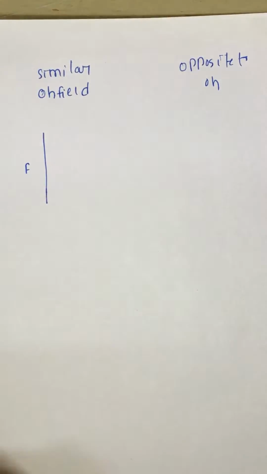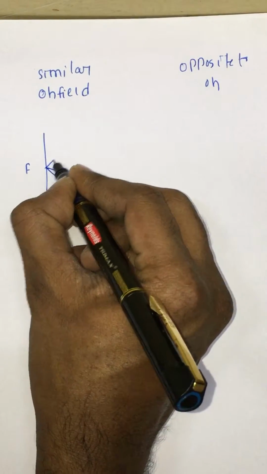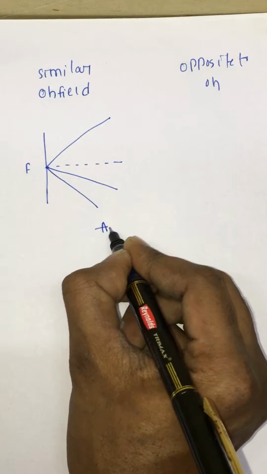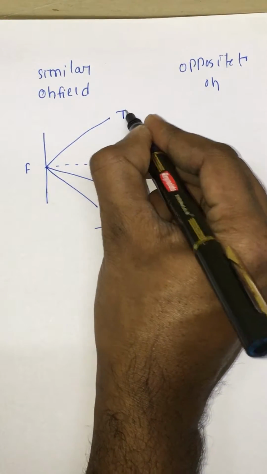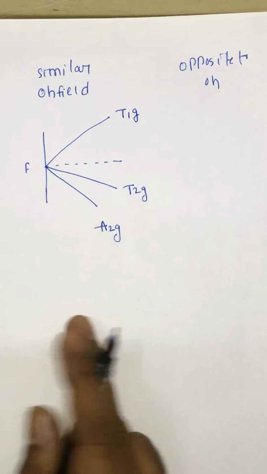The f orbital splits into three terms. So this is the energy barrier. The lower energy state will be A2g, T2g and T1g. This is similar to octahedral field.